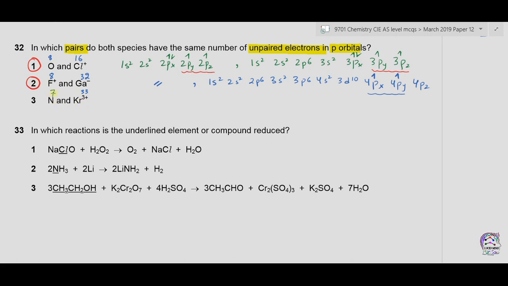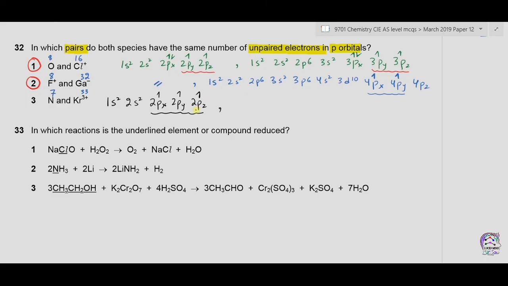Moving towards option 3, we have nitrogen with 7 electrons. The electronic configuration will be 1s2, 2s2, 2px, 2py, 2pz. As 4 electrons are already filled, we have 3 electrons left, 1, 2, 3, and there are 3 unpaired electrons present in p orbitals.